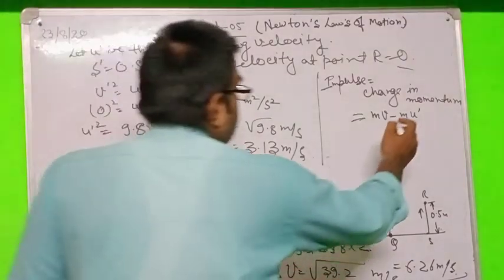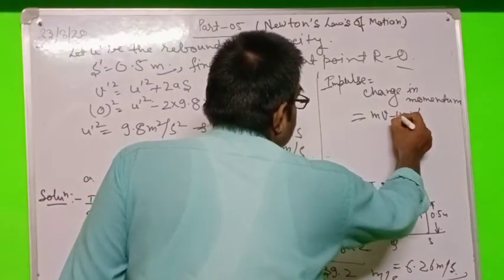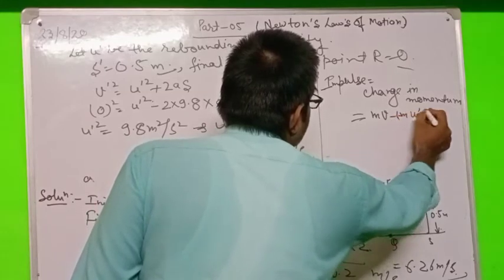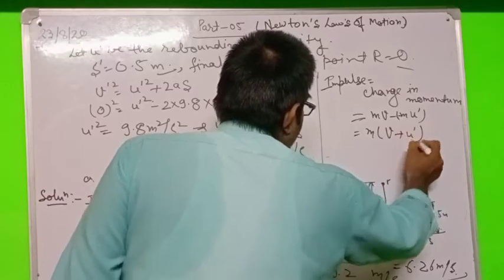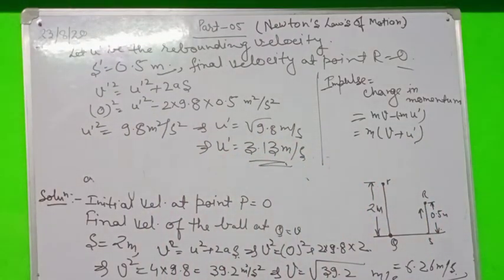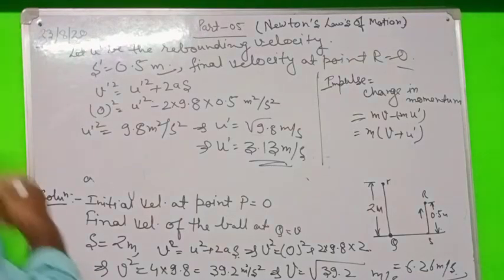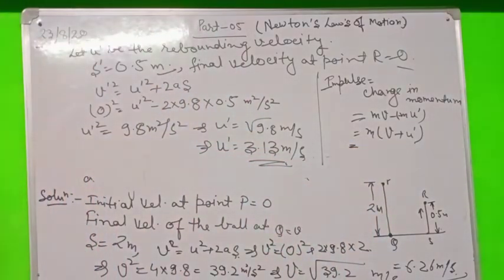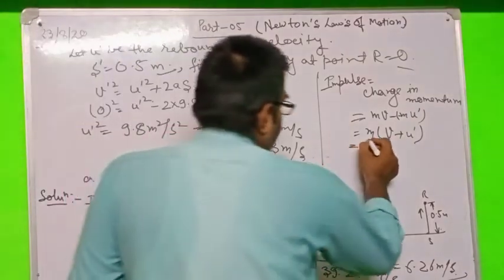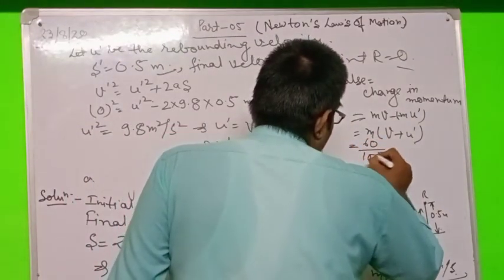Since the velocity reverses, it is equal to m into v plus u dash. We have calculated the value of v, 6.26 and 3.13, and mass is given in the question: mass is equal to 60 gram, which can be written as 60 upon 1000.